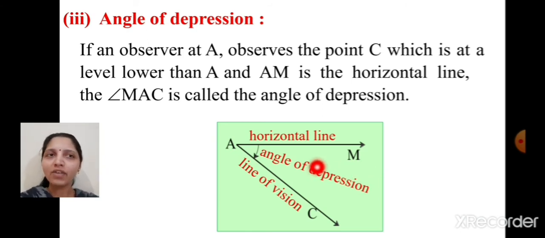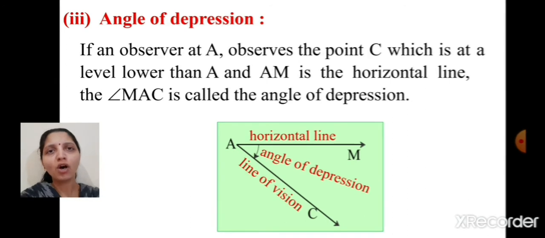So when can angle of depression be formed? When your object is lower than the observer's eye level and the horizontal line. So always remember, the angle of elevation forms when the object is higher than the observer and horizontal line, and the angle of depression forms when the object is lower than the observer and the horizontal line.